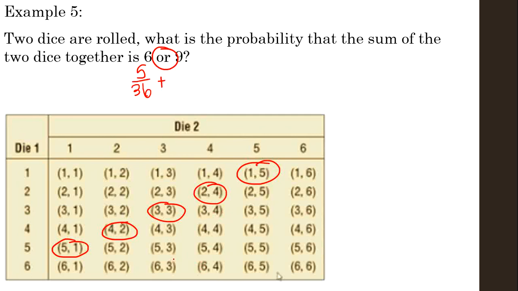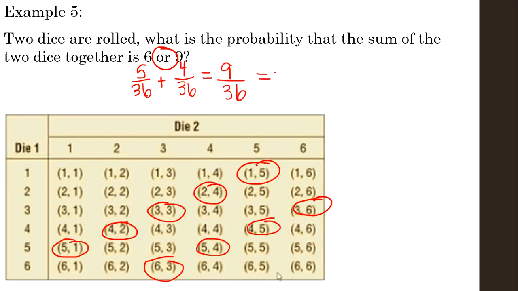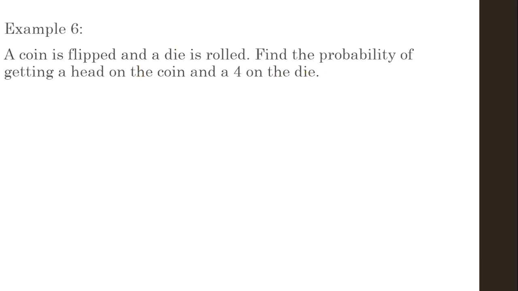That's going to be 6 and 3, 5 and 4, 4 and 5, 3 and 6. So that's going to be 4 out of 36. So then 5 plus 4 is 9 out of 36, which can be reduced down to 1/4 or 25%. So that was another example of or probability.